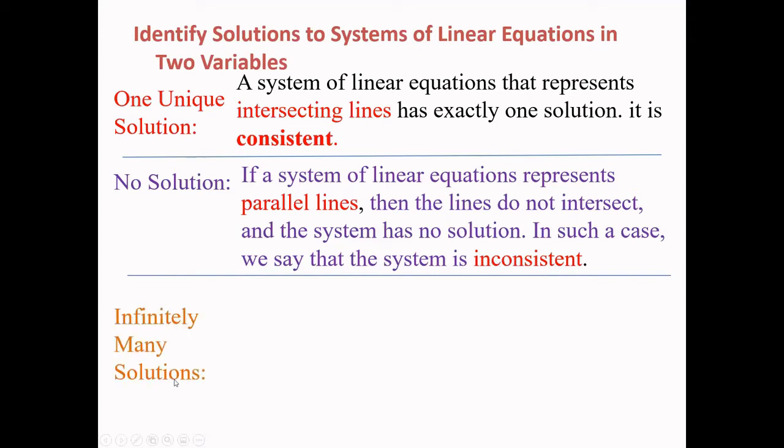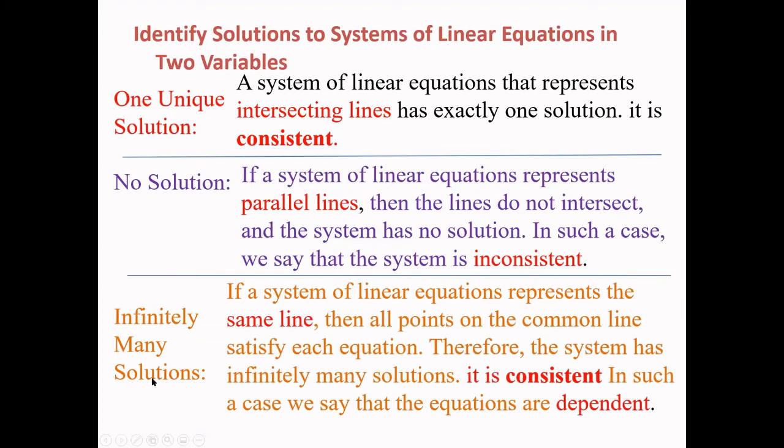And the third possibility, infinitely many solutions. If it represents the same line, then all the points on that common line satisfy each equation. Therefore, the system has infinitely many solutions. In other words, for every x value possible on that line, it has its own y value to go with it.